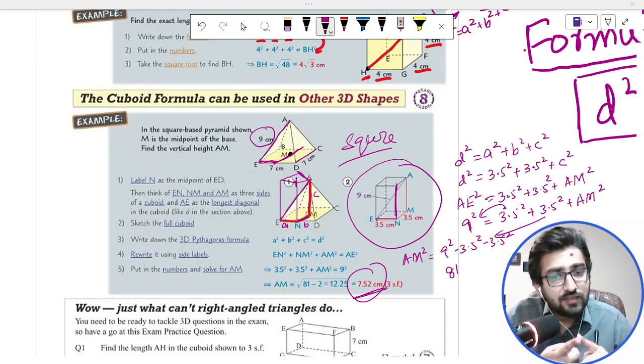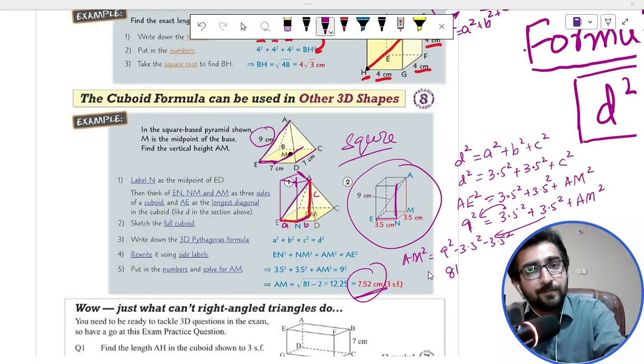Where we will study cylinder, square base pyramid, cube, cone, all these shapes in geometry. After this we will start the geometry chapter. So this is the concept which you can apply on three-dimensional shapes. Use your creativity, use these concepts on other shapes.